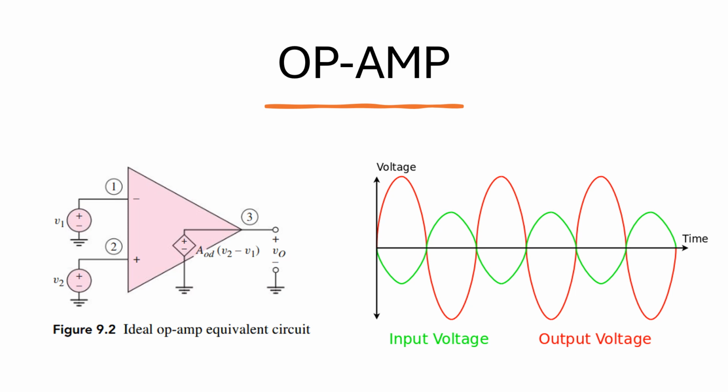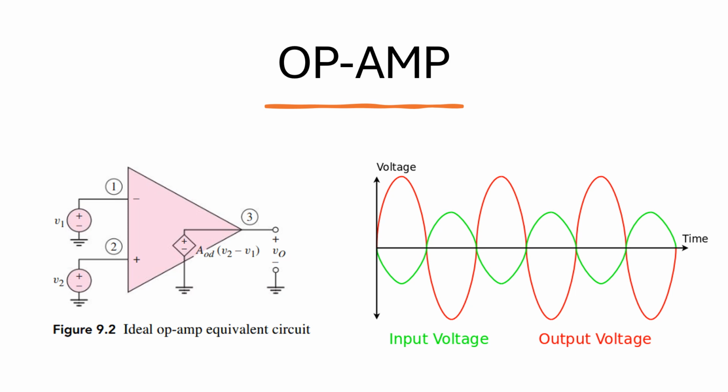Here on the right side there is a graph with green and red signals. The green signal is the input voltage and the red is the output. You can see the amplitude of the green is lesser compared to the red, so the red is the amplified one.